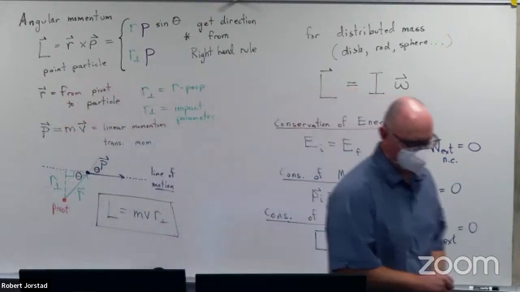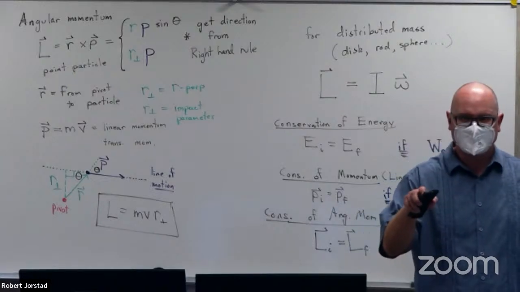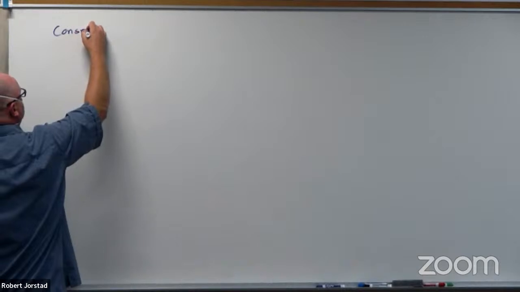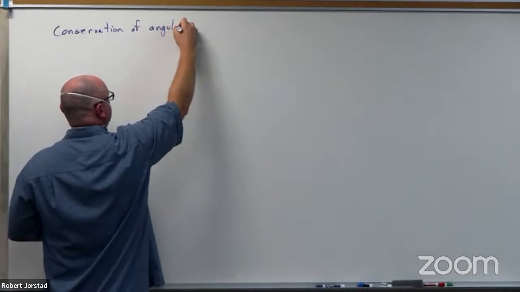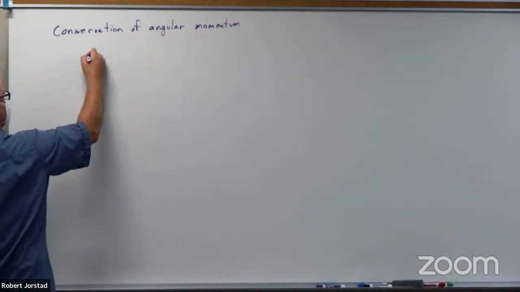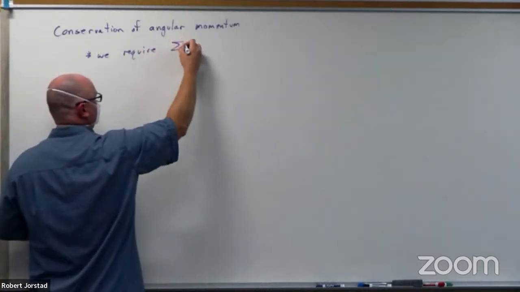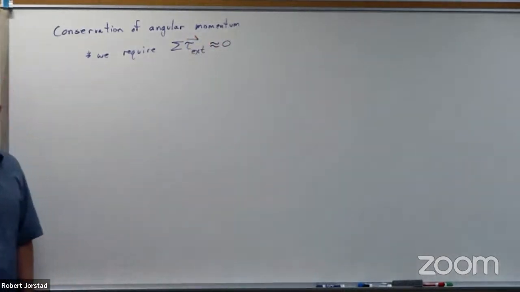All right. If it helps, let's go to the other board real quick. It turns out this conservation of angular momentum usually takes on, okay, star, we require the sum of torques external to be approximately equal to 0 for this to be valid.